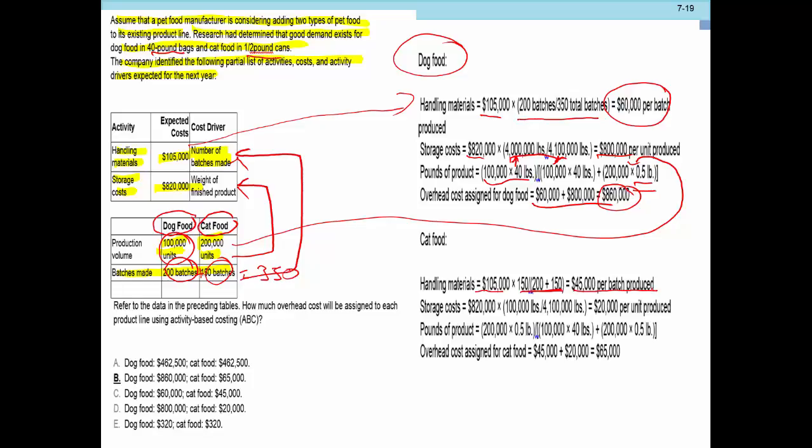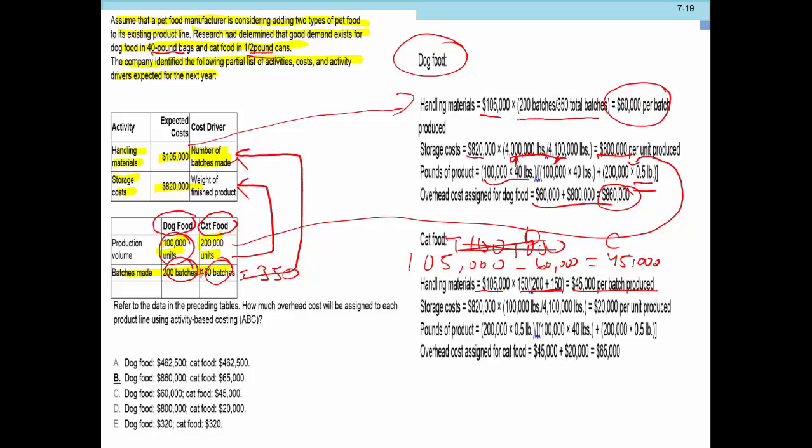All I was saying is you could have taken 105,000, the total, and just subtracted the dog, right? The dog food was 60,000. So that means there's 45,000 left.